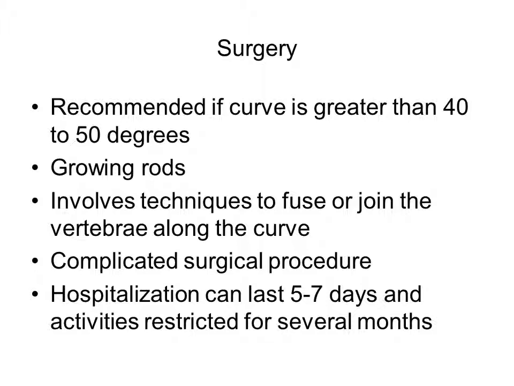So they also may fuse those joints to make them nice and straight. And it's a very complicated surgical procedure. You can imagine if you're fusing vertebrae and you're putting in growing rods and drilling them into the vertebrae themselves. So hospitalization can last 5 to 7 days, and there's activity restriction usually for several months.